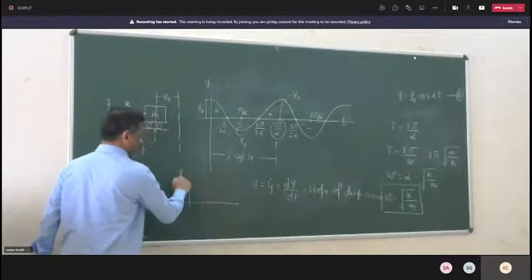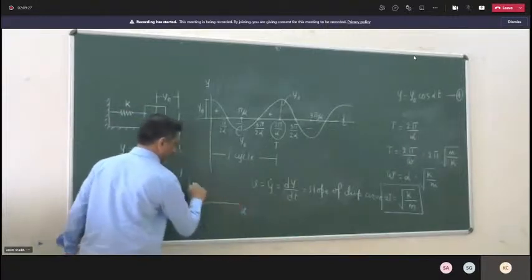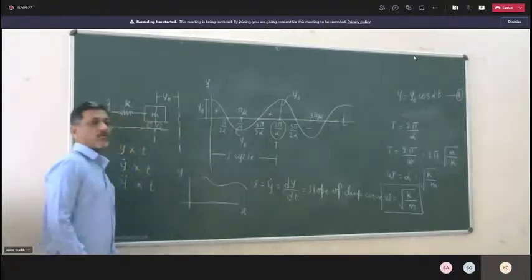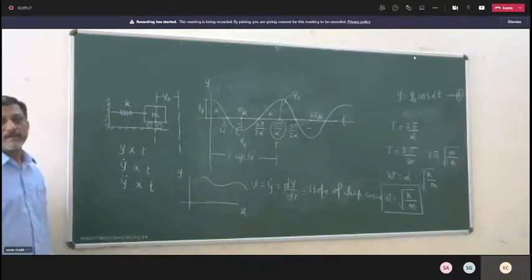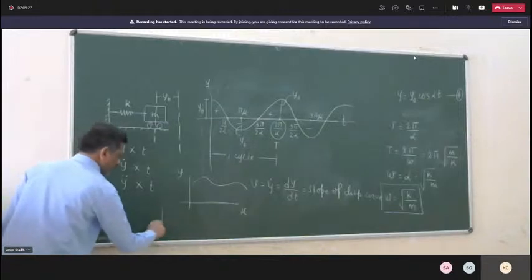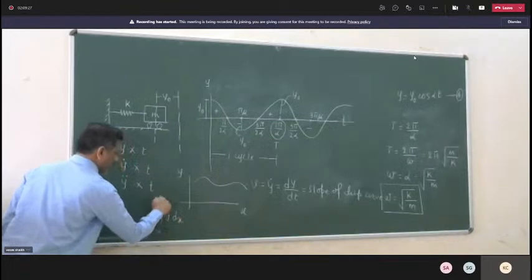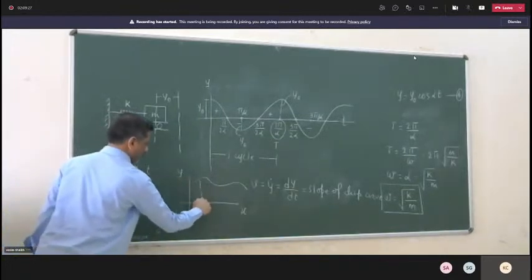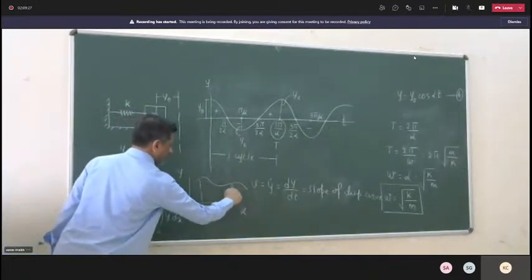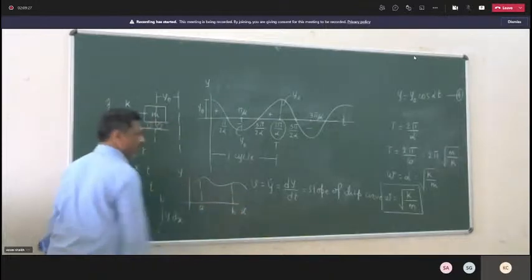Forget about physics, let's go to mathematics. There is a curve. What does integration give you? Say integration of y dx from point A to point B, what does it give?